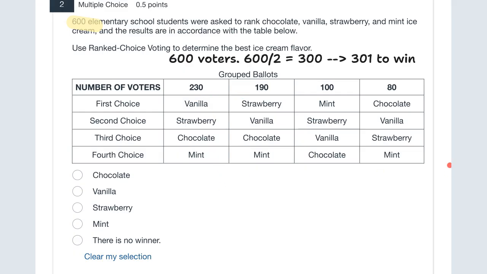So chocolate has 80 votes, right? Mint has 100, strawberry has 190, vanilla has 230. If we eliminate chocolate, then these 80 votes have to go down to vanilla.